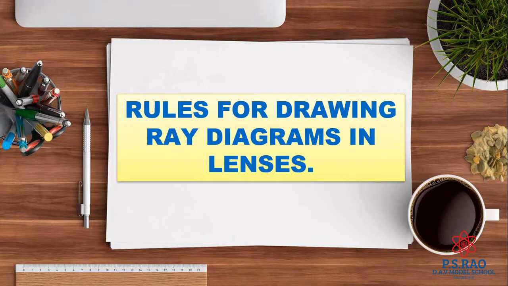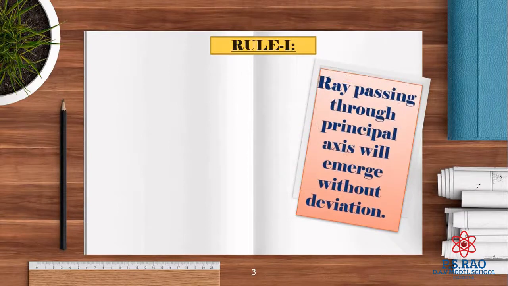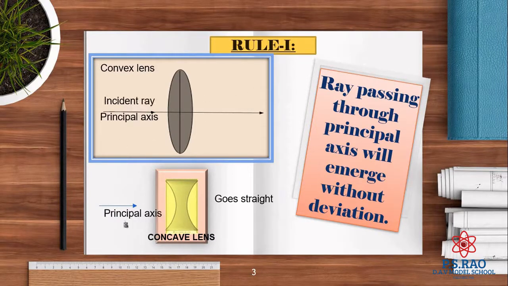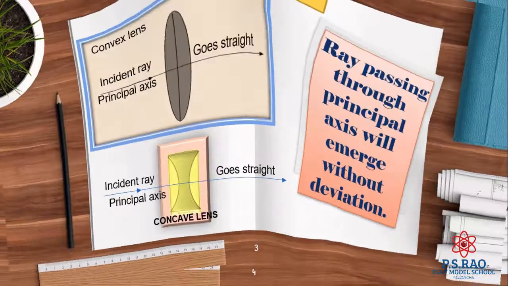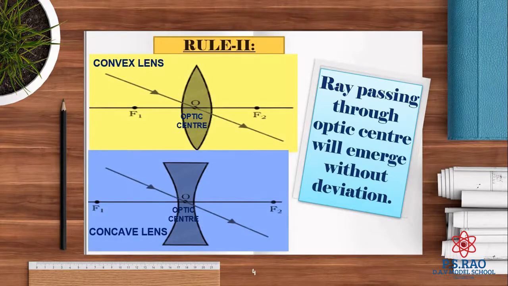Rule 1. Ray passing through principal axis will emerge without deviation. It goes straight. Rule 2. Ray passing through optic center will emerge without deviation and goes straight.